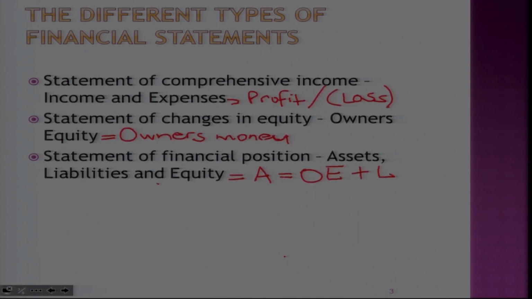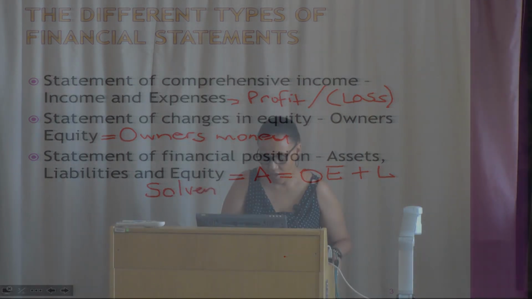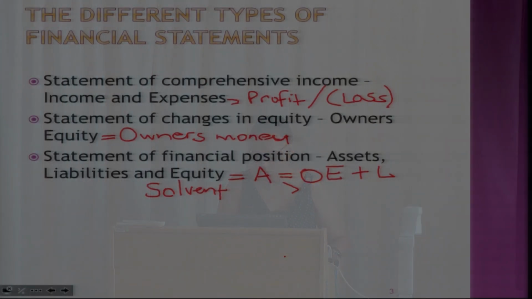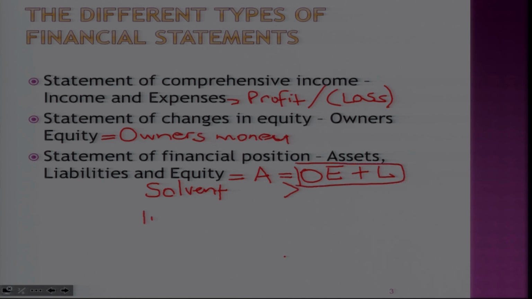When you are solvent, it means that your assets are more than your owner's equity and liabilities. When you are insolvent, another word is you are bankrupt, you are broke. It means that your assets are less than your owner's equity and your liabilities.